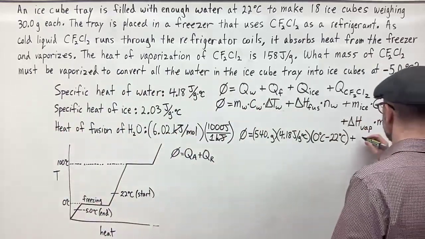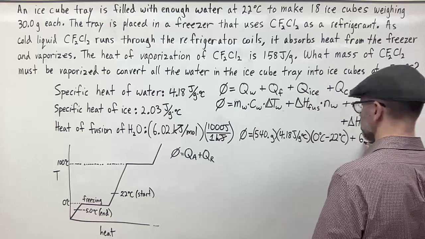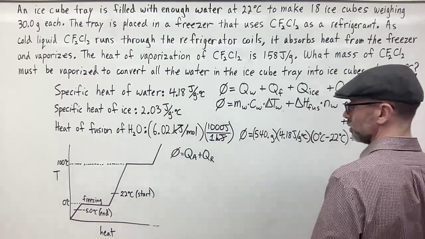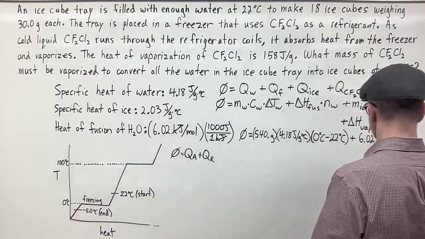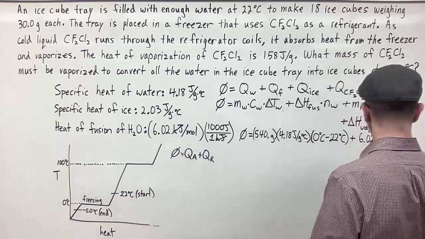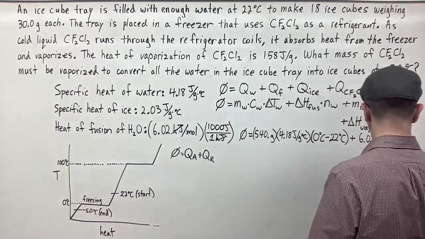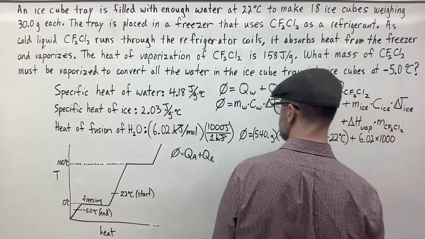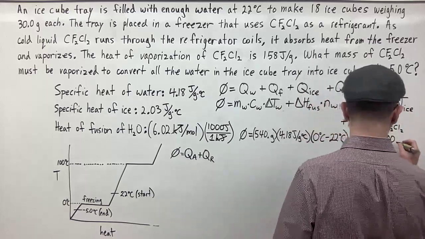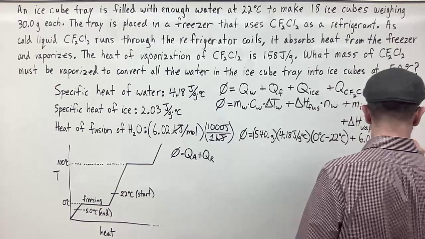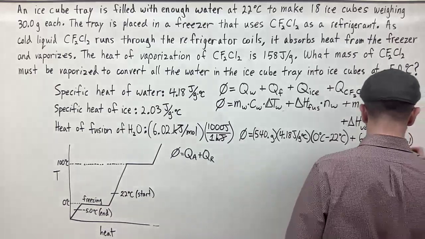So it's going to be 6.02 times 1,000, and that's going to be joules per mole.